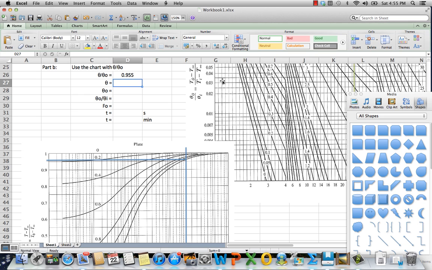So the temperature at the face was 100, T infinity was 40, so this should be a value of 60. Now I can use this to solve for theta naught. Okay, agreed? Because this is just algebra at this point. So if this over this is this, then this over this is theta naught.